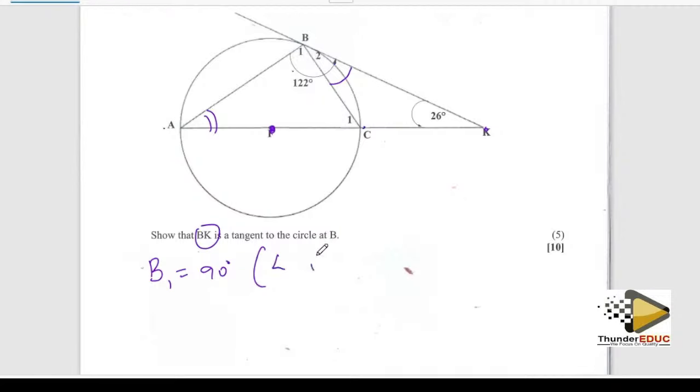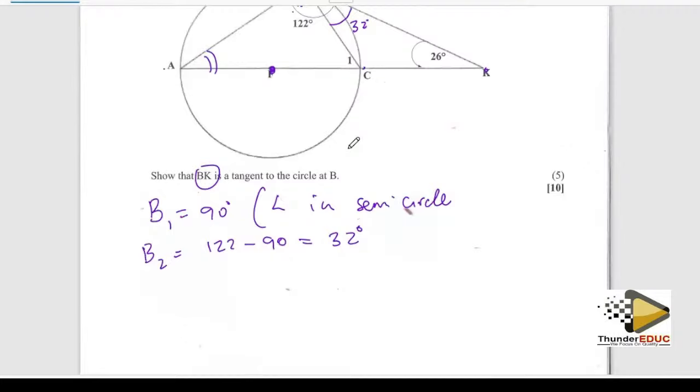Reason, angle in a semicircle. So if this is a 90, then what is our B2? B2 is going to be 122 minus 90. So B2 is a 32, not complementary as such, but the remaining part. So we're saying this is a 32.